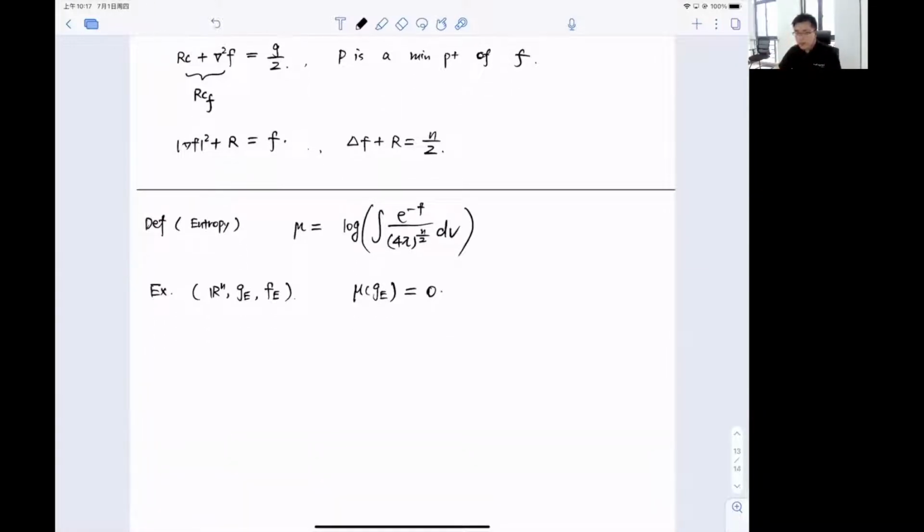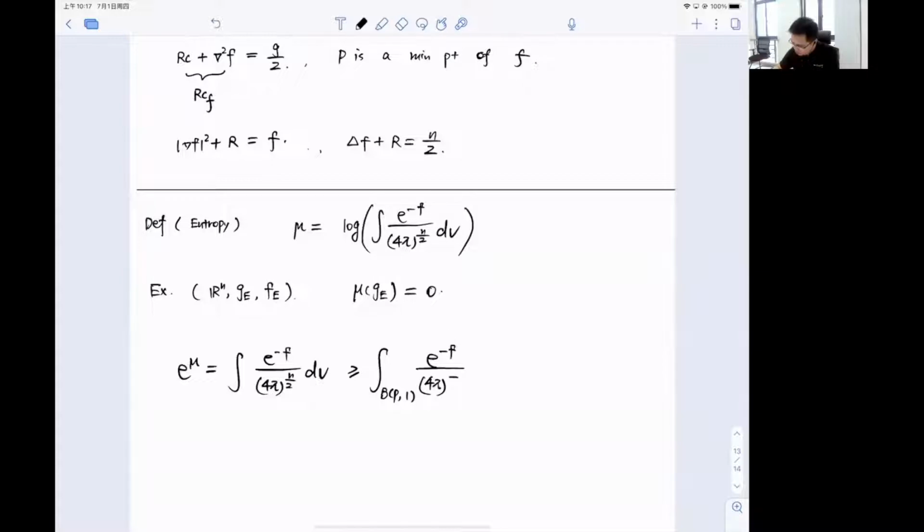Now, by this definition, we can immediately derive some basic estimate for this entropy mu. By the definition, we know that e to the mu is the integral of e to the negative f over (4 pi) to the power n over 2. So this must be greater or equal to the integral restricted on a unit ball around p.